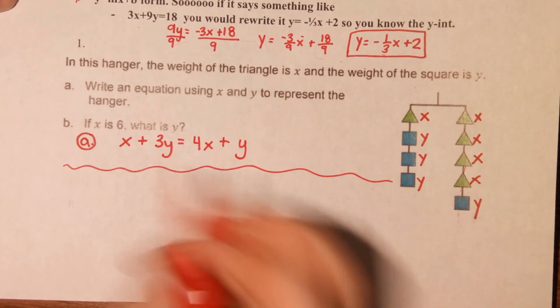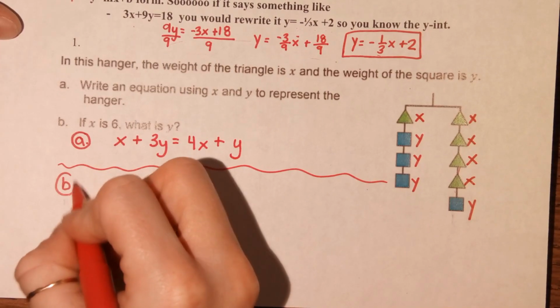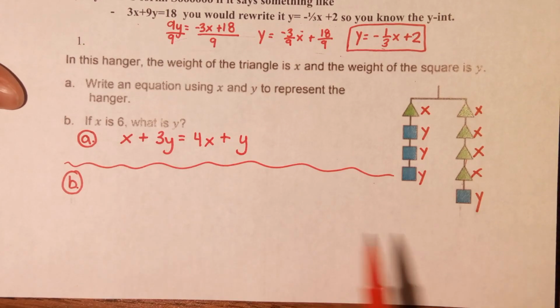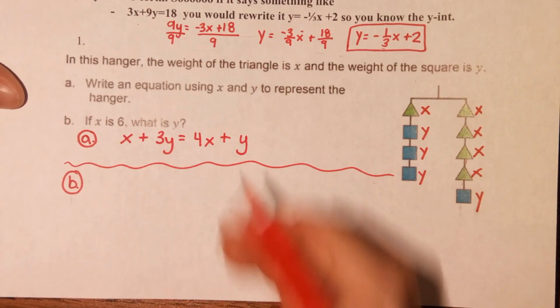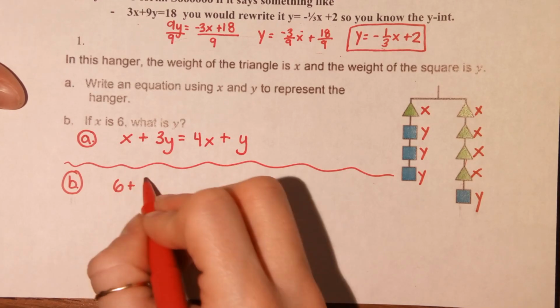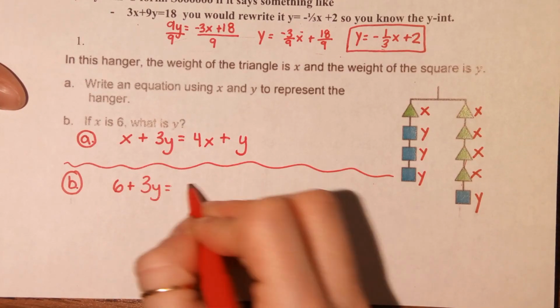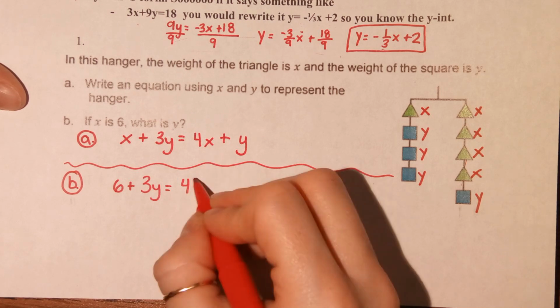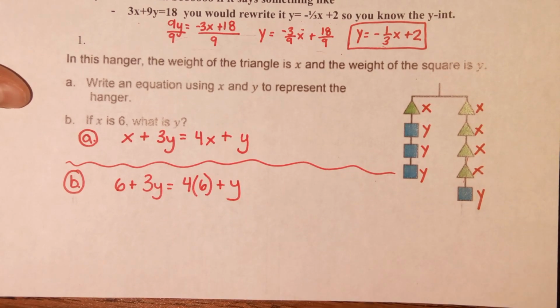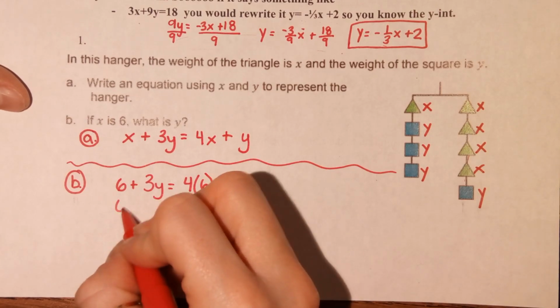If x is 6, what is y? All right, let's plug in 6 into all of our x's. So we have 6 plus 3y equals 4 times 6 plus our y. 6 just kind of goes down, we have our 3y.